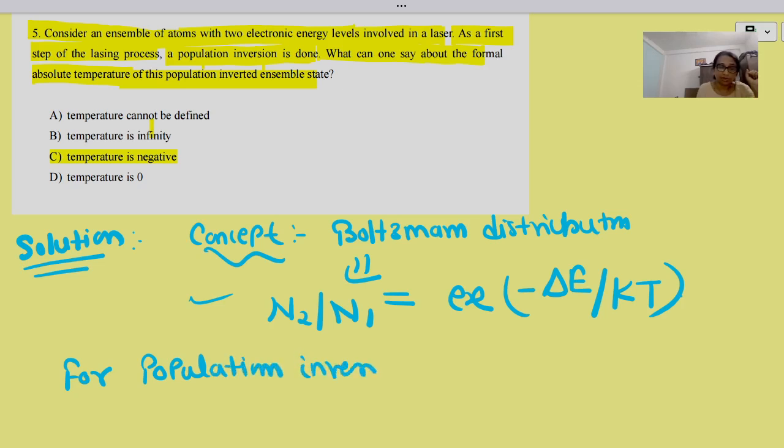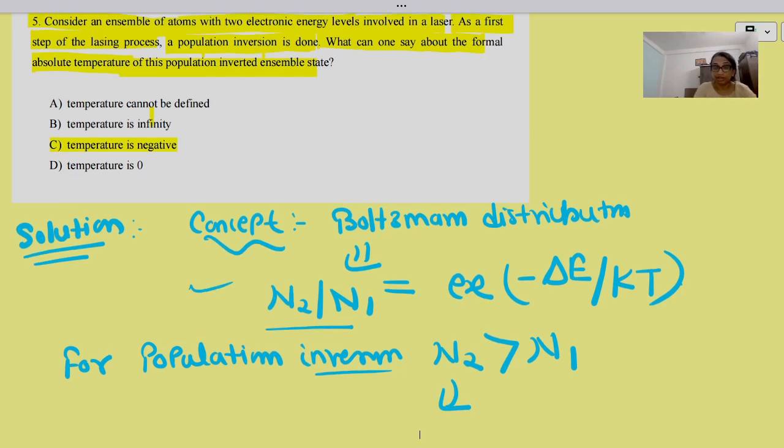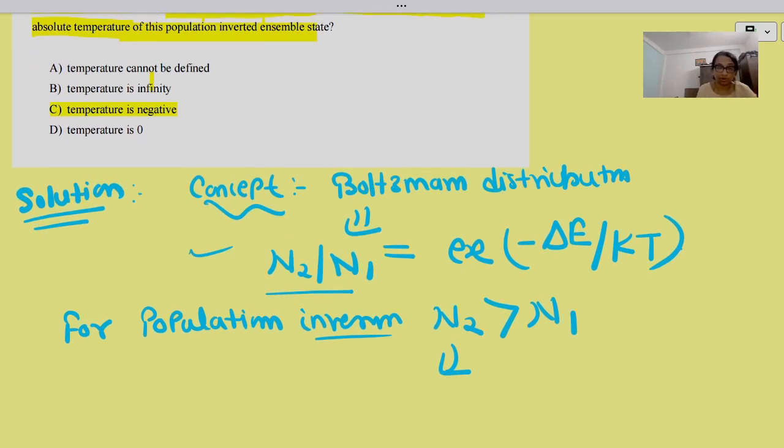How to use the population inversion? In case of the population inversion, the value of N2 is greater than the value of N1. And what is the meaning of this? That means the value of natural logarithm ln of N2 by N1 is always greater than 0.